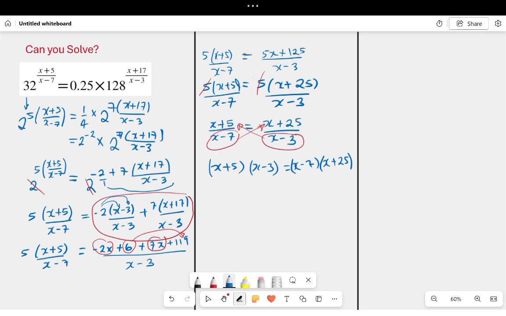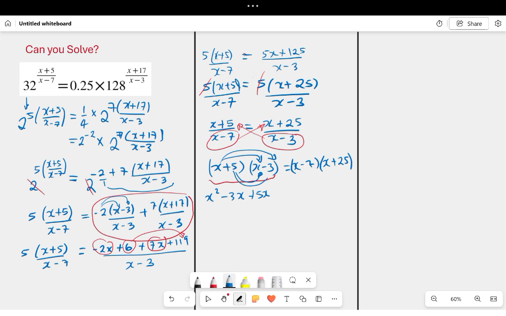Now I will begin by expanding the brackets of what we have before the equal sign. So x multiplied by x, I'm going to get x squared. And then x multiplied by negative 3, I'm going to get negative 3x. 5 multiplied by x is going to be plus 5x.